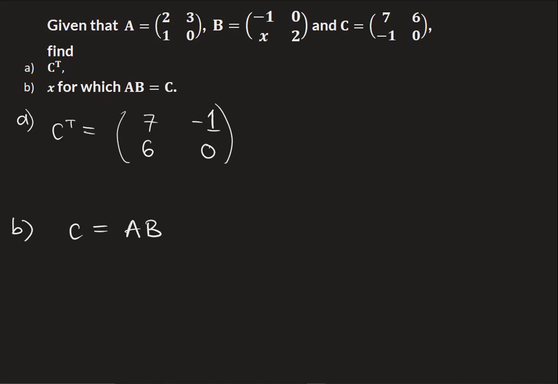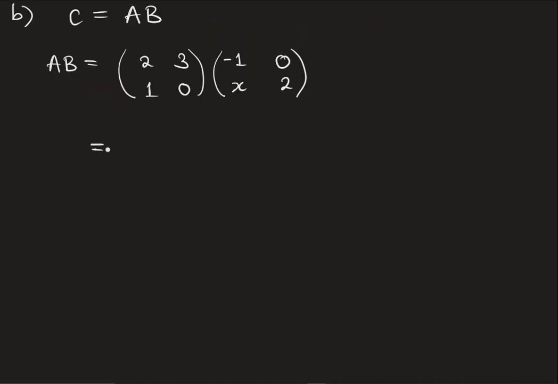As a matter of fact, we'll be first starting with finding AB. To find AB, we need to get matrix A. Remember, the order in which the letters have been given is the order in which you should arrange your matrices. Matrix B has -1, the variable x, 0, and a 2.